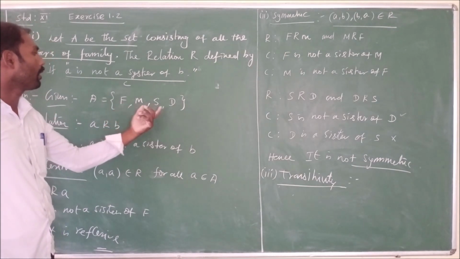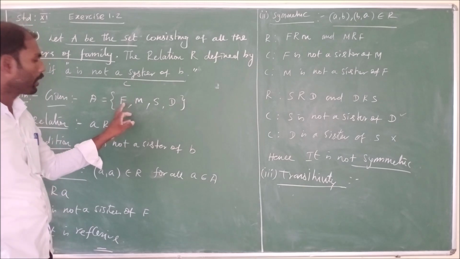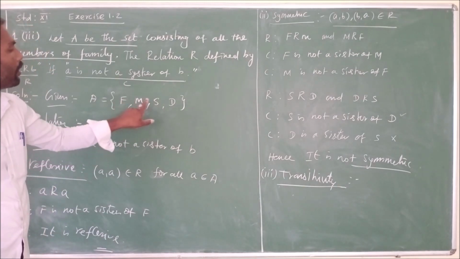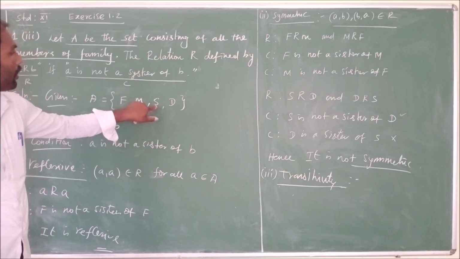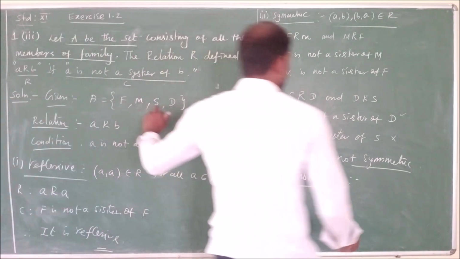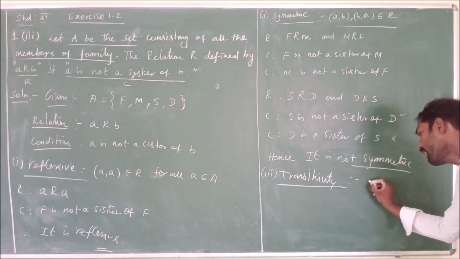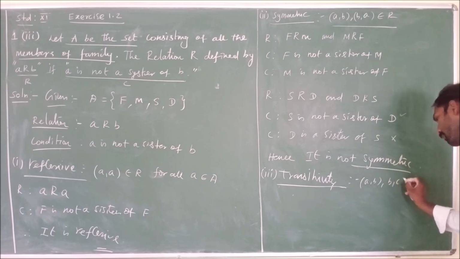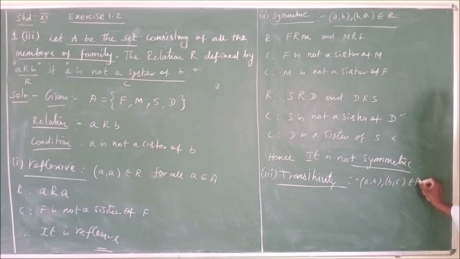Father is not a sister of mother, mother is not a sister of son, father is not a sister of son. So it satisfies the transitivity condition. The transitivity condition: (A, B), (B, C) belongs to R implies (A, C) belongs to R.